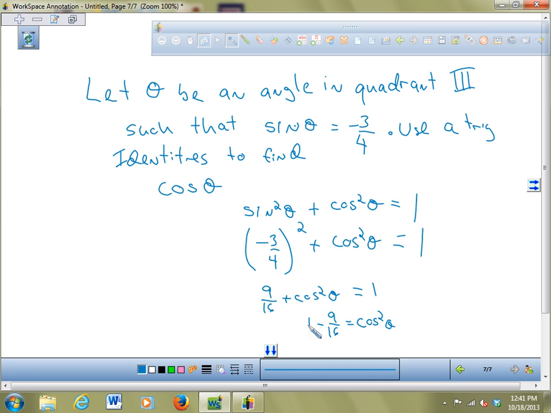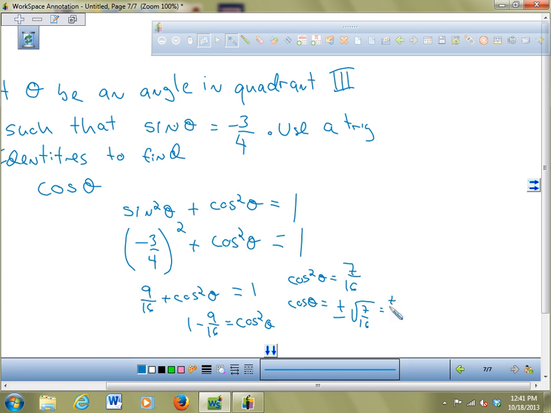And what's this equal to? Anyone? How many 16ths? 7. So cosine squared theta equals 7/16. So cosine of theta equals plus or minus, when you square root something, the square root of 7 over 16, which is equal to plus or minus the square root of 7 over 4.